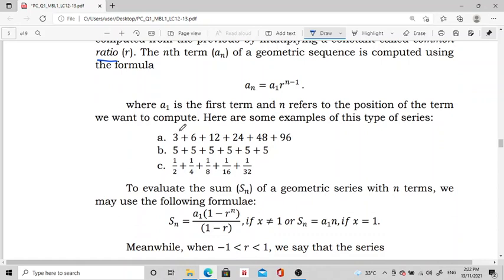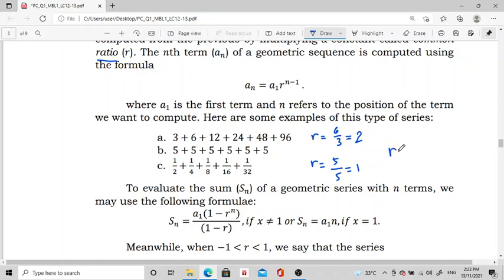So, we have the following examples. So, paano nga ba natin nako-compute ang common ratio ng mga to? So, for letter A, to compute R, we divide 6 by 3. So, the common ratio here is 2. For the second example, we divide 5 by 5. So, the common ratio is 1.